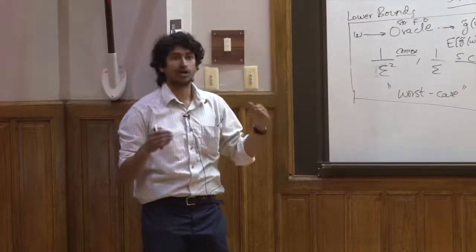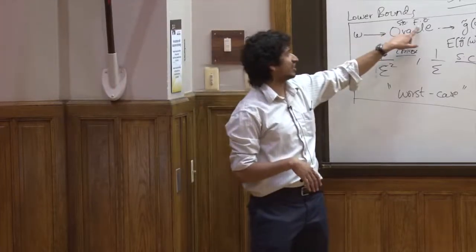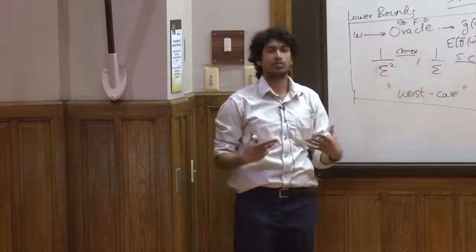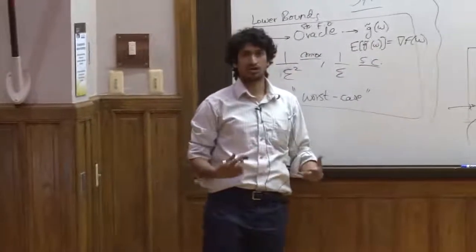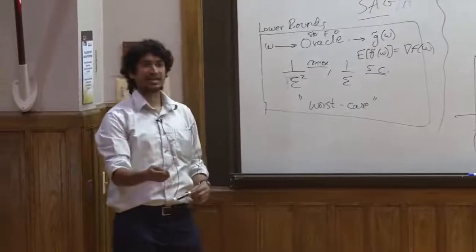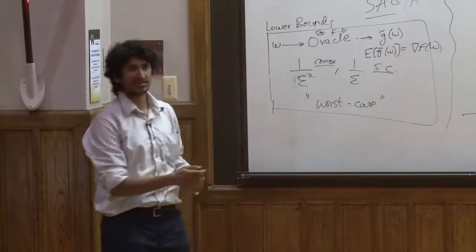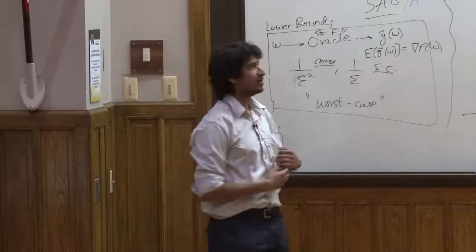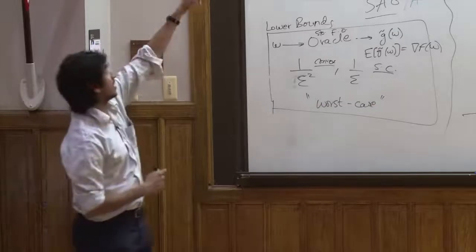Agarwal and Bottou prove lower bounds, but instead of having lower bounds in the stochastic first order oracle model, they have lower bounds in what's called the incremental first order oracle model, where you give an index I and it returns to you the gradient at that index, and then you give a different index I, and it returns to you a gradient at that index, under which all of these algorithms fall, which is evaluating the gradient at a single I.